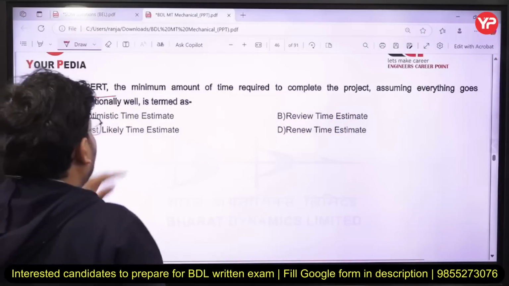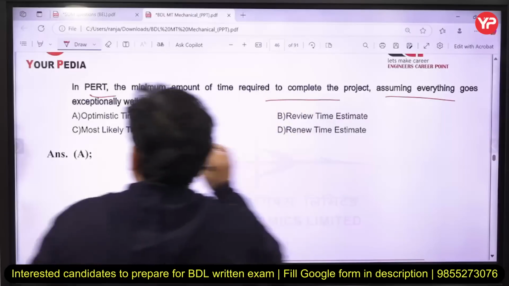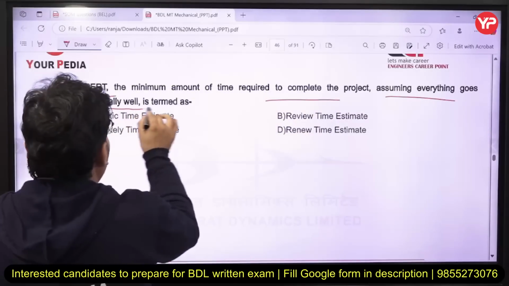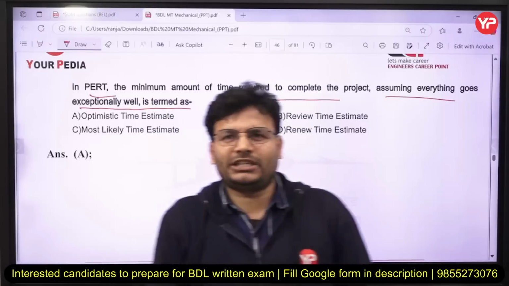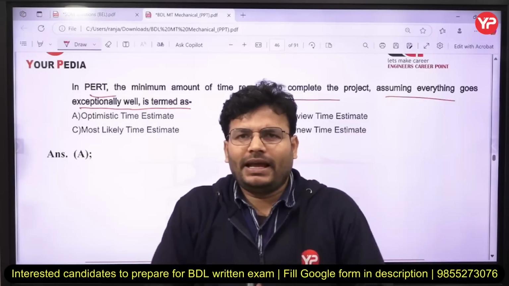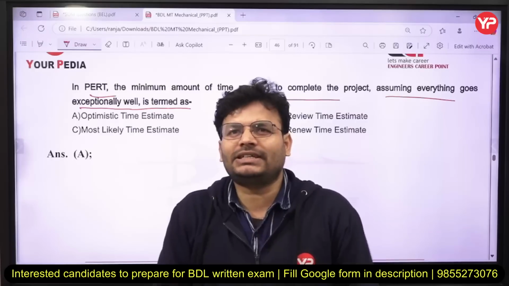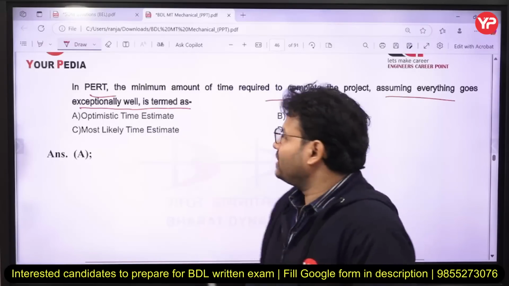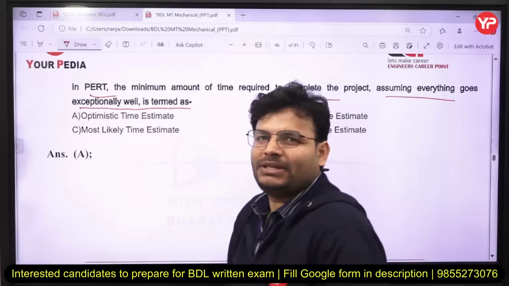The minimum amount of time required to complete the project, assuming everything goes exceptionally well, is termed as... So my dear friends, in case of PERT, basically this is known as project evaluation and review technique, and obviously it is a probabilistic model. So basically there are three time estimations. One is optimistic time, another is the most likely time, and pessimistic time.